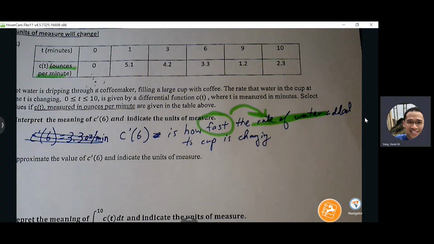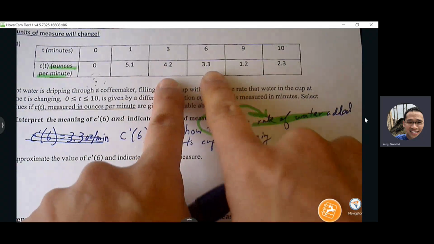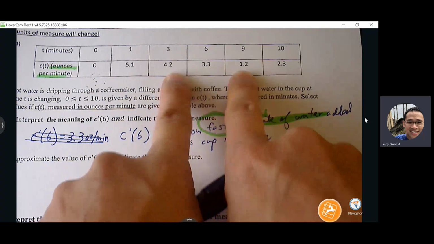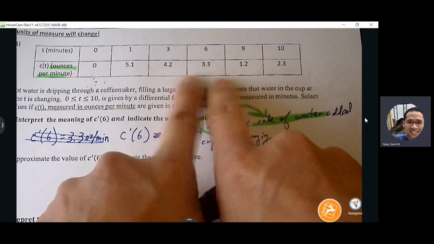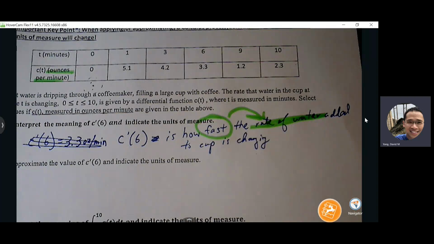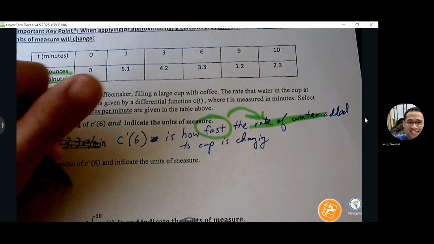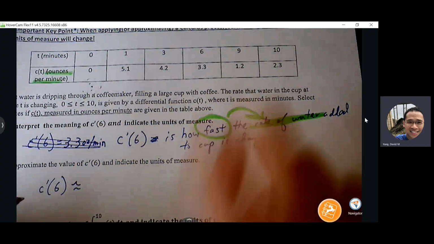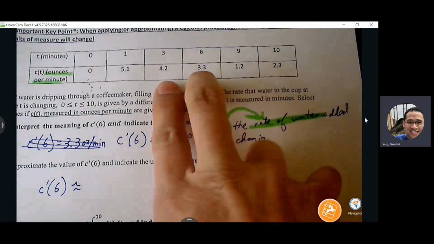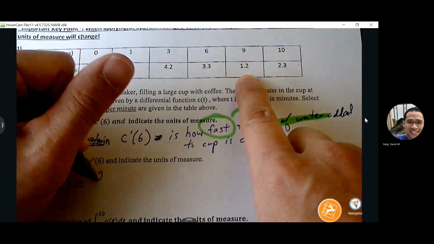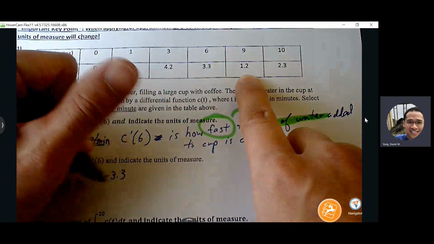To find the slope, we pick two ordered pairs close to our target. You can use these two, or these two, but you want to stay as close to your target as possible. I'm going to choose these two here. You may get different answers, but as long as your process is right, that's fine.